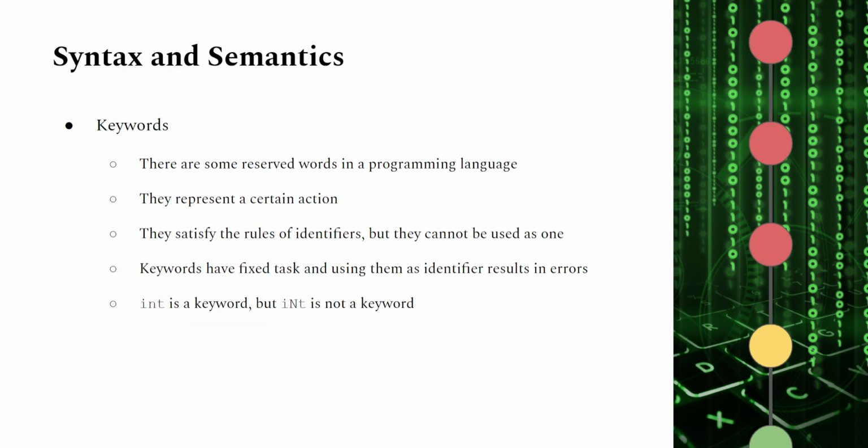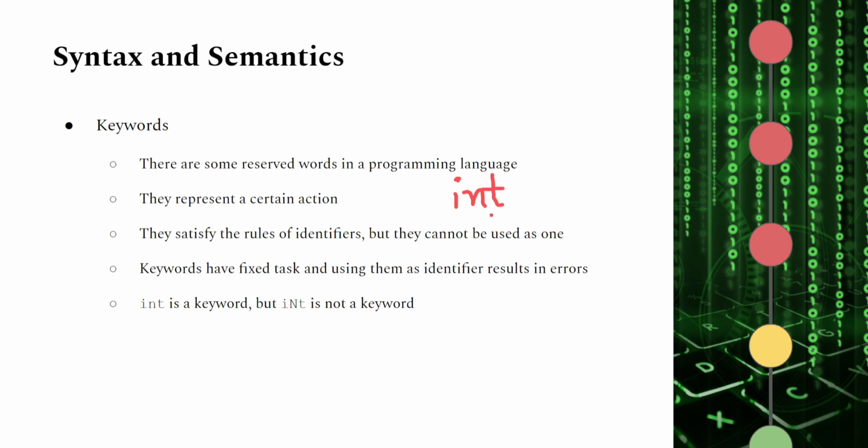Now before we dive into that, let's start with keywords. Okay, there are some reserved words in programming languages. Those are reserved words. Why are they reserved? Because they represent a certain action. For example, if I ask you, according to the rules, is int a valid identifier name?